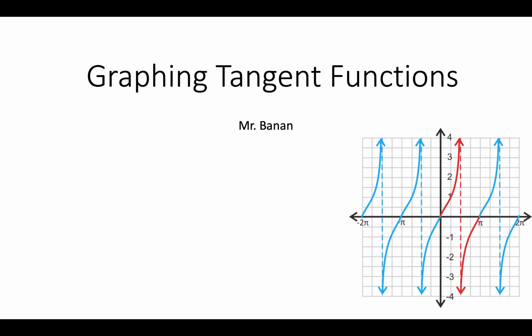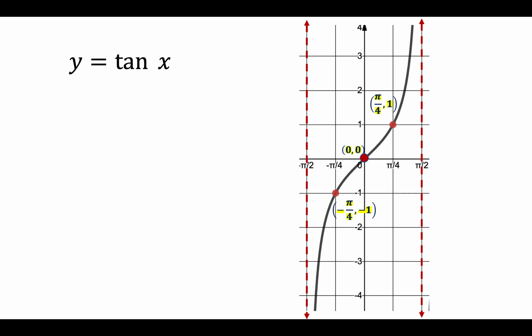So let's start. Let's first recall the parent function, which is y equals tangent x, and this is the graph. We already discussed this before. We know that there are vertical asymptotes at negative pi over 2 and at pi over 2.